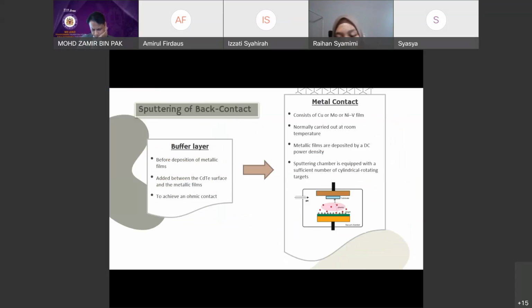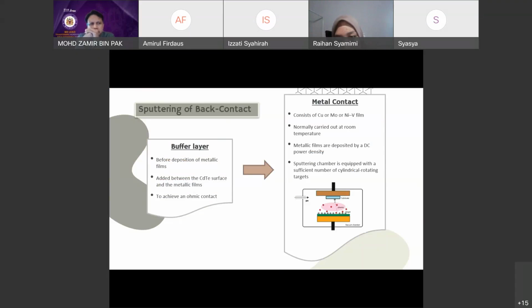Before the deposition of the metallic film, a buffer layer is added between the cadmium telluride surface and the metallic film to achieve an ohmic contact. The metallic film consists of copper or molybdenum or nickel vanadium film.